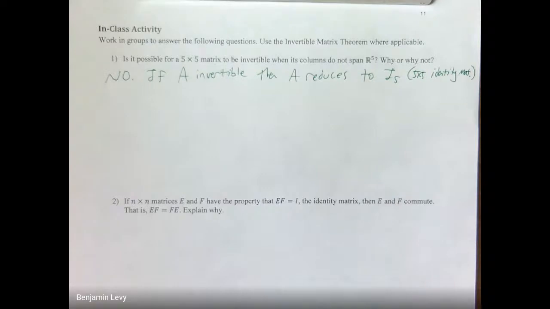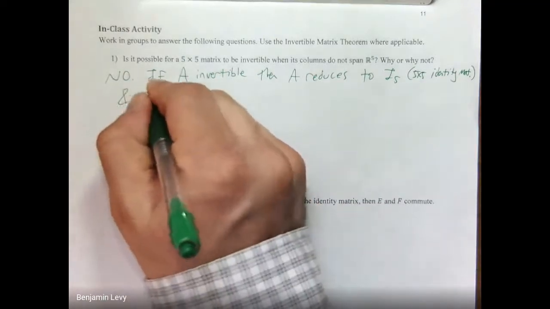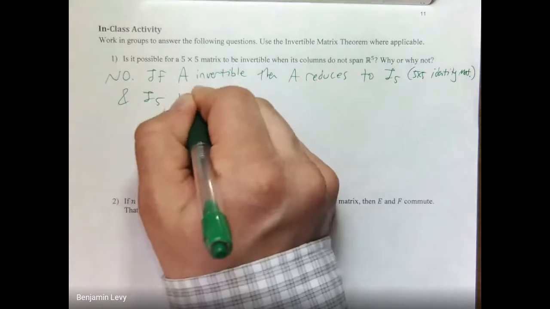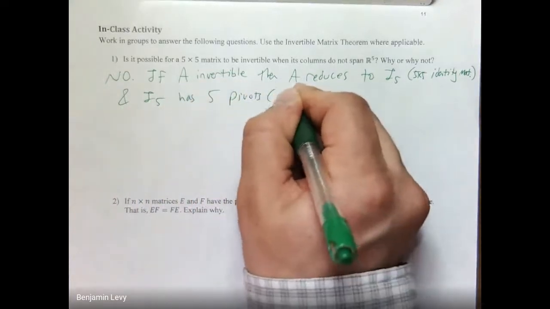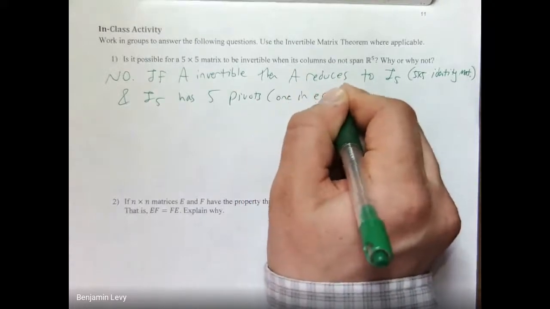And so we know that's true. And so if it reduces to the 5 by 5 identity matrix, well, the 5 by 5 identity matrix has a pivot in every row. So I5 has 5 pivots, one in each row and column for that matter.